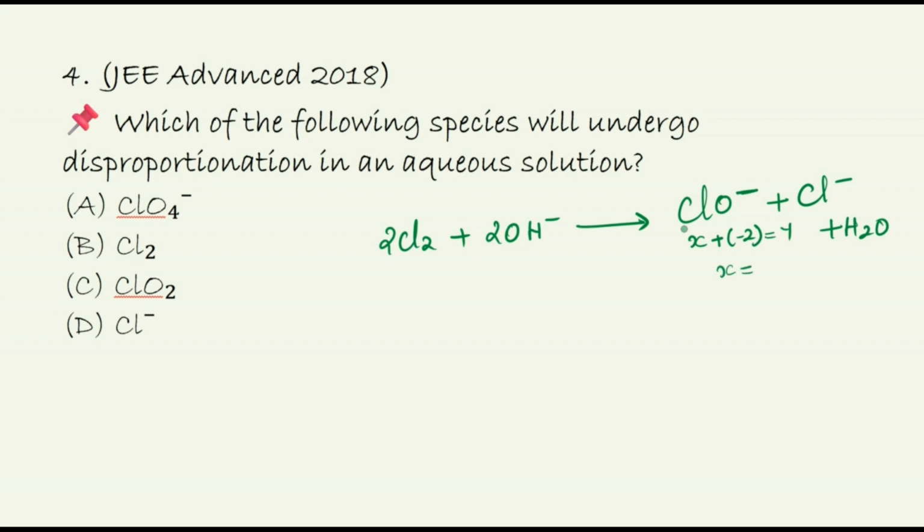So X becomes -1 plus 2, that is +1. Similarly, here you can see chlorine is in -1 oxidation state, +1 and -1. But in the reactant, it is in 0 oxidation state.